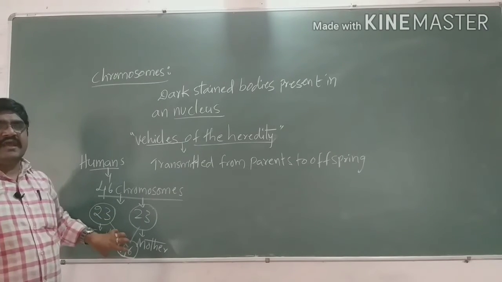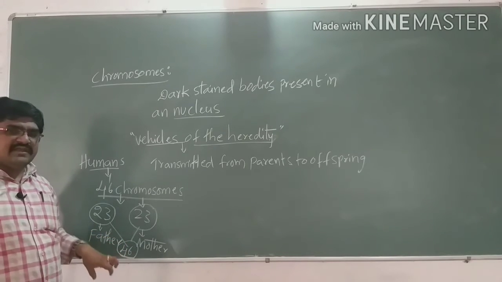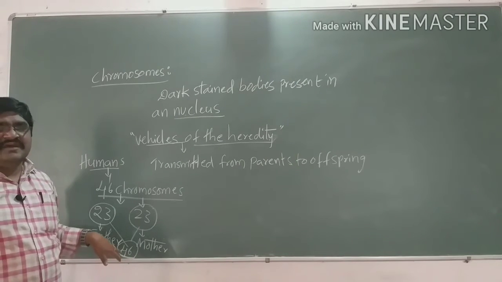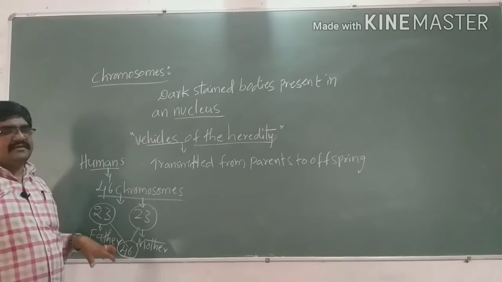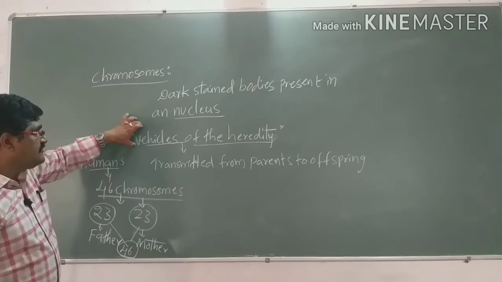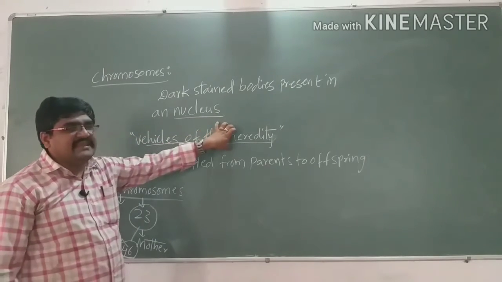This helps maintain a constant number of chromosomes, that is 46 chromosomes, in an organism. For that reason chromosomes are called the vehicles of heredity.